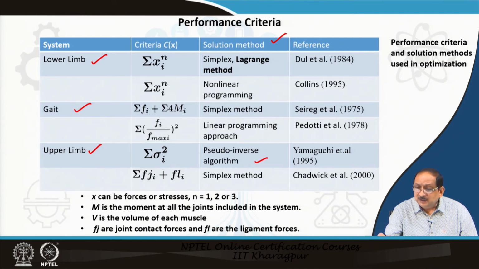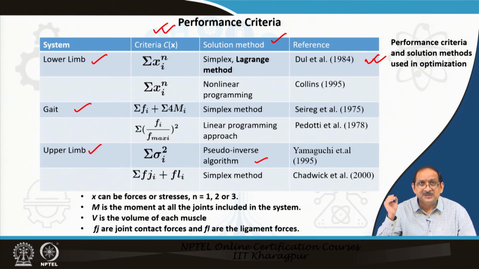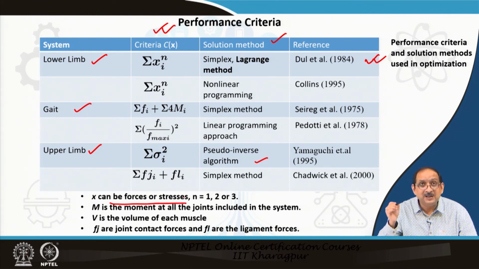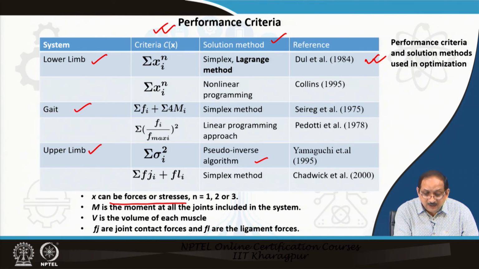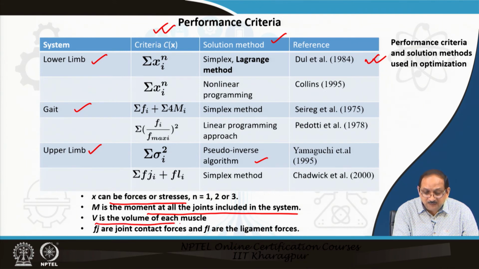So, the references of these performance criteria are indicated on the right hand side of the table. So, here you can see the criteria expressed in the second column. The x can be forces or stresses and n can vary from 1 to 3. M is the moment of all the joints included in the system, and V is the volume of each muscle.